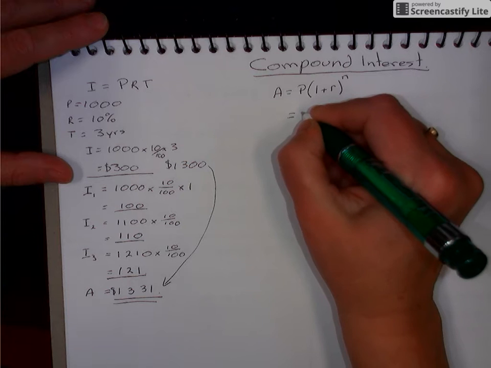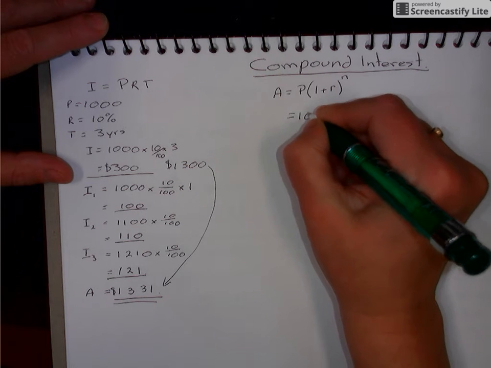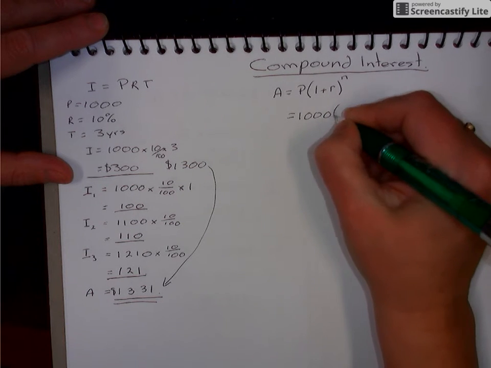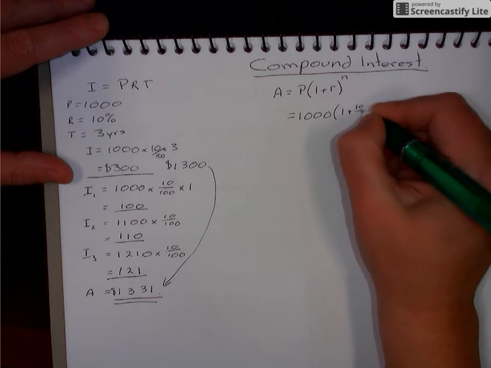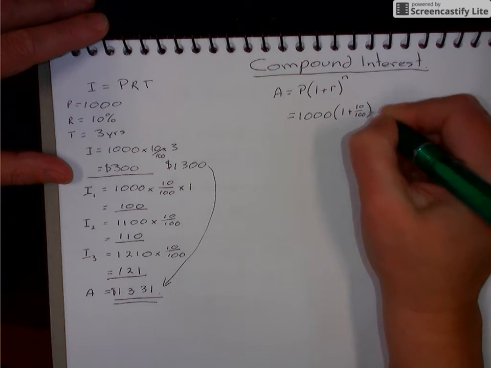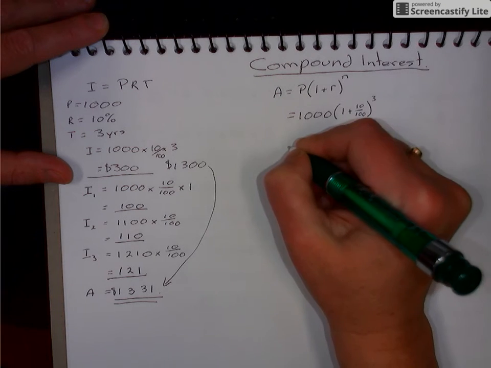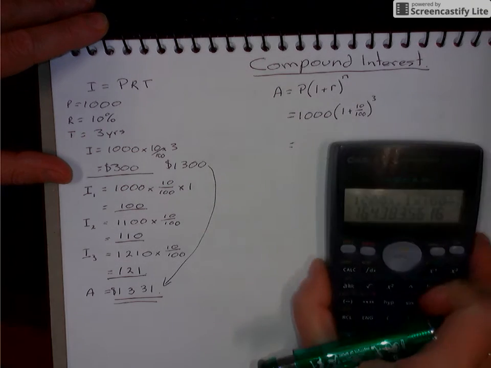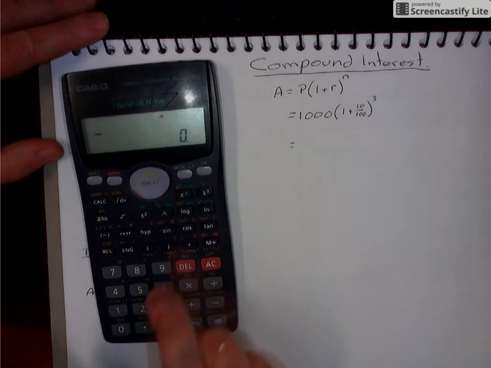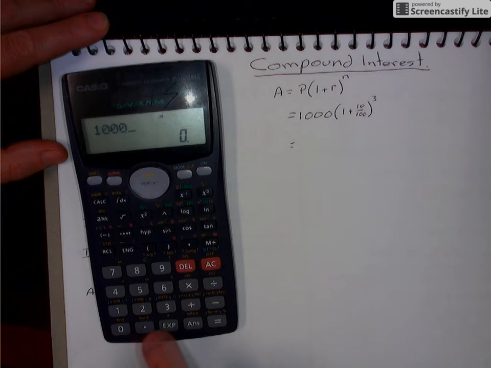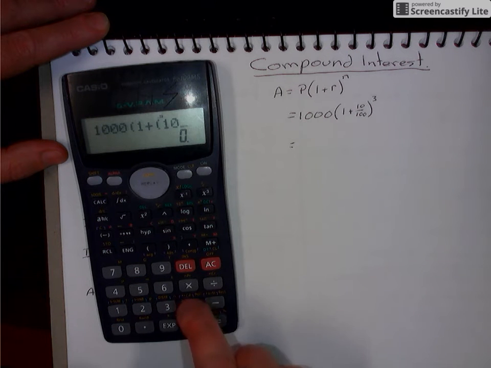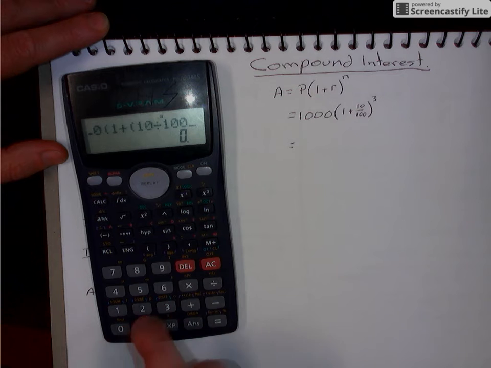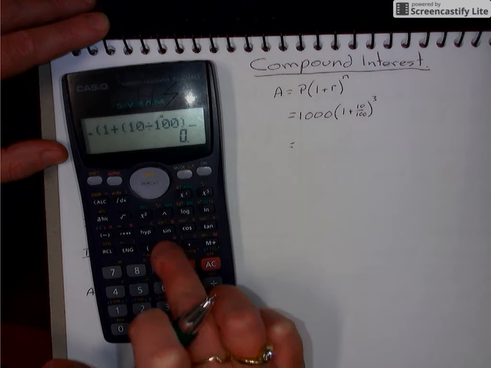So if we use this formula, we start with the same example, $1,000 times 1 plus our interest rate, which is 10%, to the power of 3. Now we do this on our calculator using brackets, so it's going to be 1,000, open brackets, 1 plus, I'll set another set of brackets here to do my percentage, close both sets of brackets here.